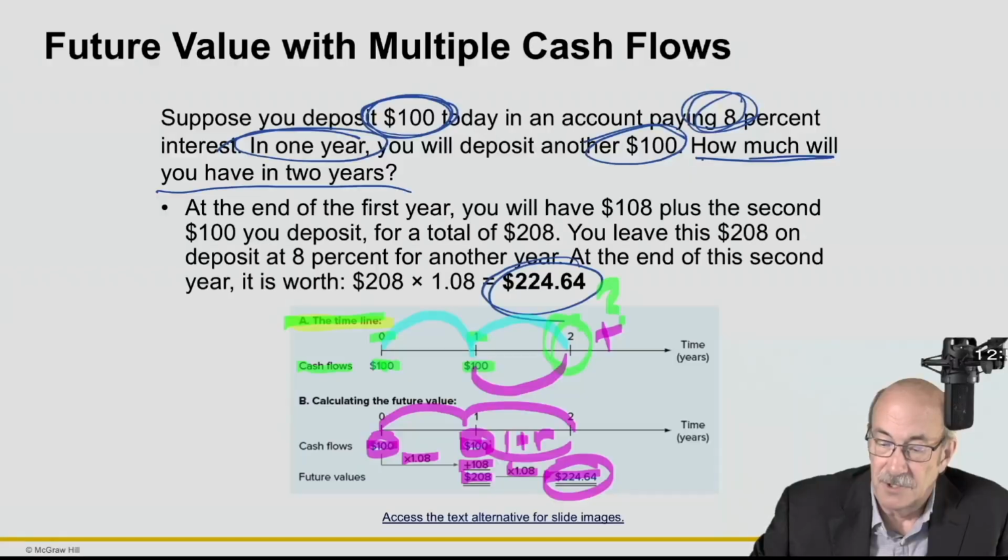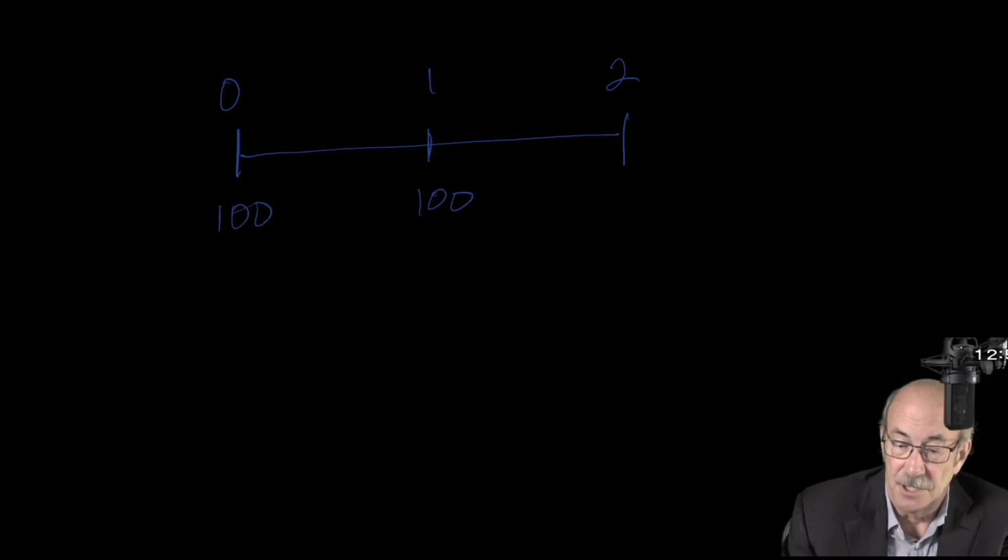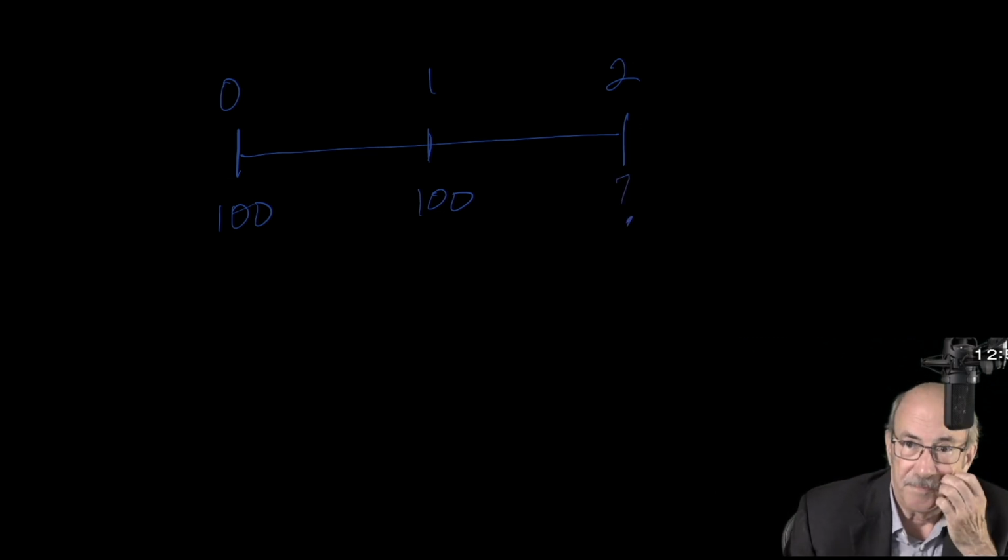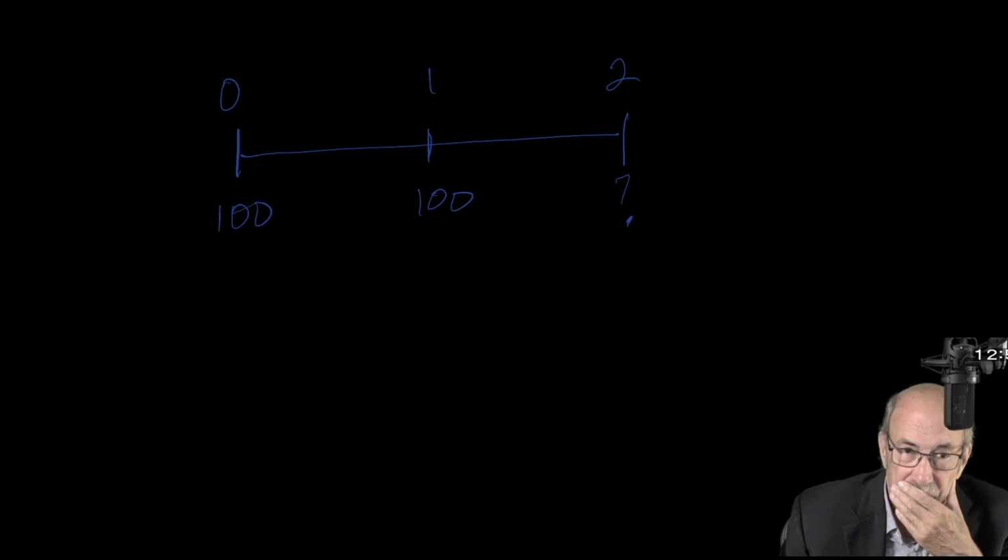Let me grab the timeline again here real quick. Because of the way the calculator functions, and because of the layout of our cash flows, we've got $100 here, we've got another $100 here, and we're actually looking for the value out here. So there's no real easy shortcut to this.